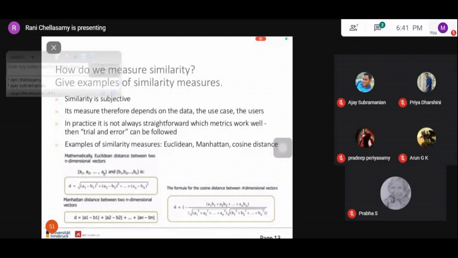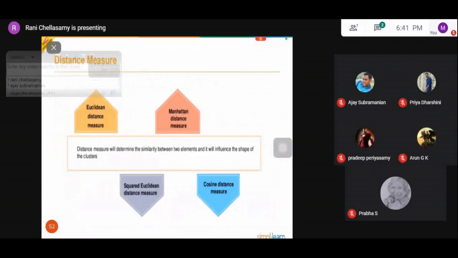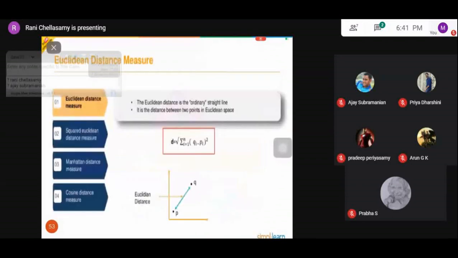Okay. See here, there are 4 distance measures: Euclidean distance measure, squared Euclidean distance measure, Manhattan distance measure, and the last one is the cosine distance measure. First we will see the Euclidean distance measure, which is the ordinary straight line drawn. The plot is between the x and y axes. You plot P and Q data points on this plane.